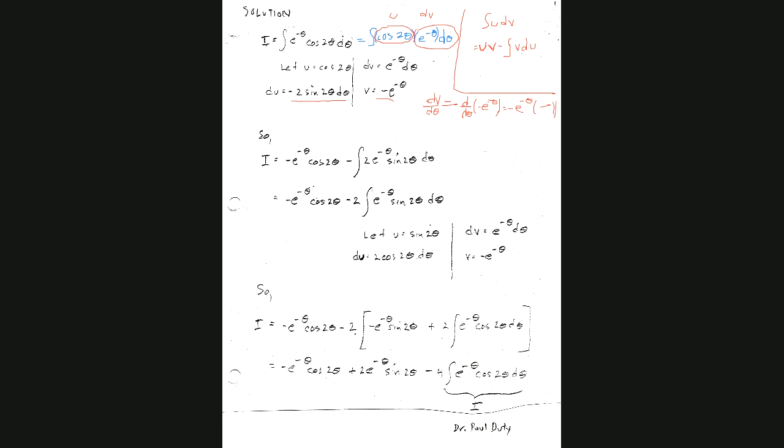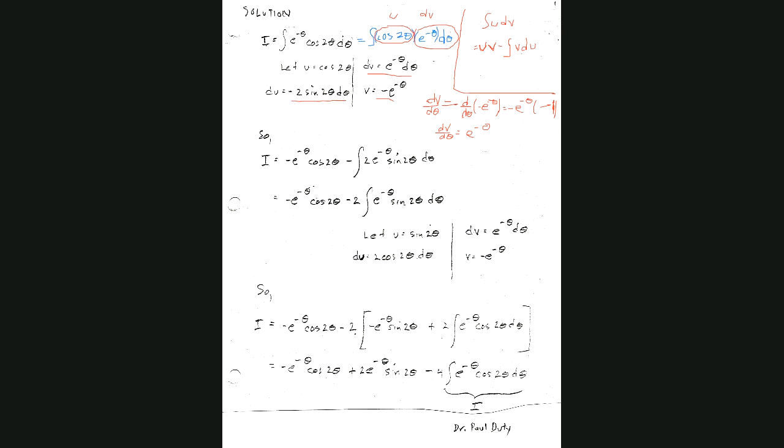So dv d theta will equal e to the negative theta. Hence dv is equal to e to the negative theta d theta. Aaron, does that clarify for you? Good.